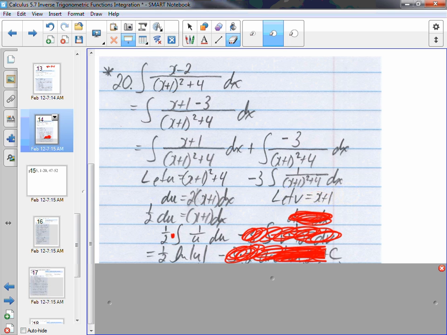That gives us our u squared. I called it v because technically you don't need to have u equaling 2 different things in the same problem. So call it something besides u. So I called it v. I didn't write down what a equals, but what does a equal? 2. So if v equals x plus 1, what's dv? 1 dx. So dx.